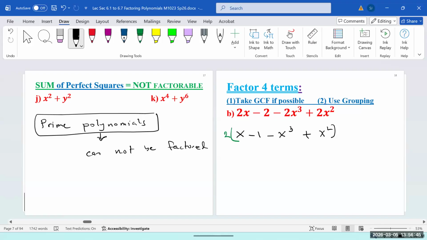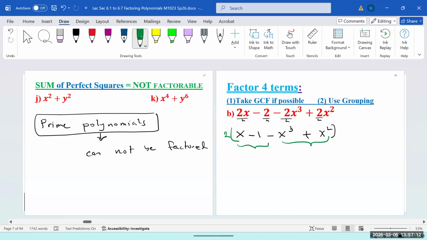But if you want, you can make it visible by dividing each one of them by 2, so you can see what is left after factoring. And now how many terms do we still have? 1, 2, 3, 4. So that means now we have to go to the grouping method. So we're going to group them.